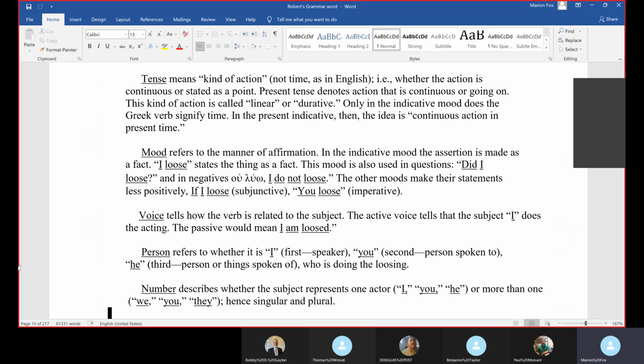Now we have the mood. Just like in English, the mood refers to the manner in which the statement is affirmed or claimed. The indicative mood is used for stating a fact. I can say, this is a computer that I'm touching right now. That's a statement of a fact. That's the indicative mood.